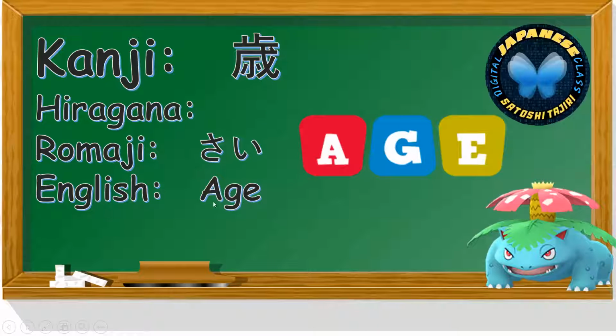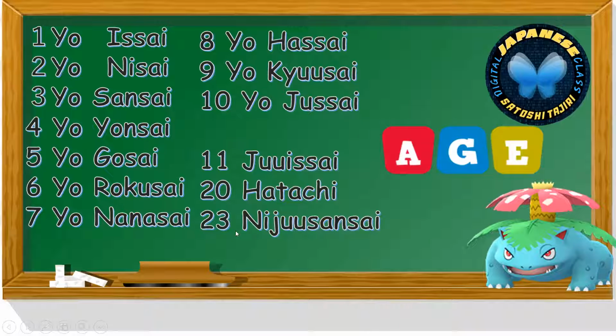Next word, we have sai. This is sai in hiragana, and this kanji is sai for how to read age. So how are we going to say one year old and so on? Let's take a look at the chart.